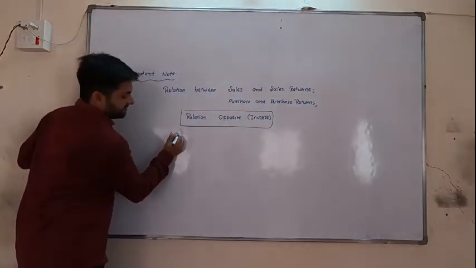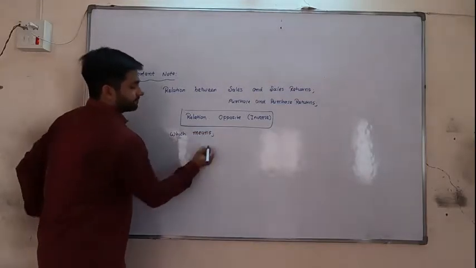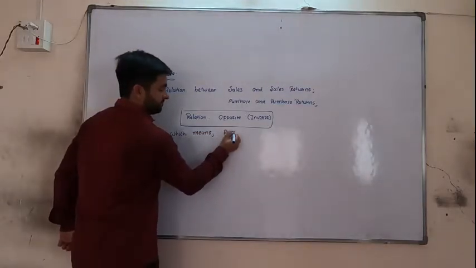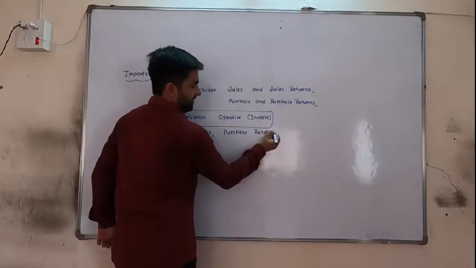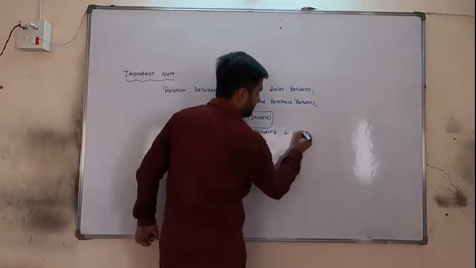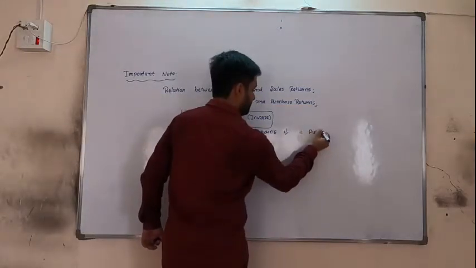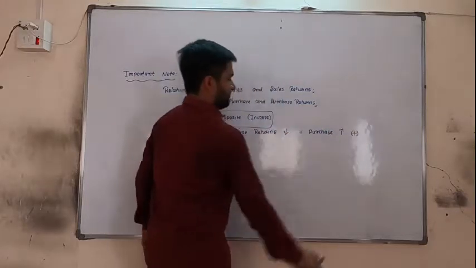Which means purchase returns decrease, down arrow means decrease, is equals to purchase increase, that is plus.